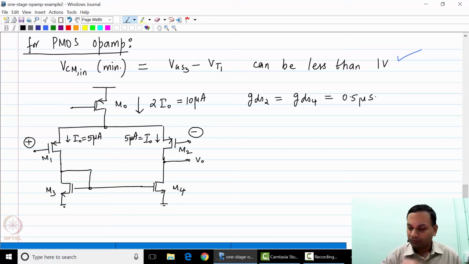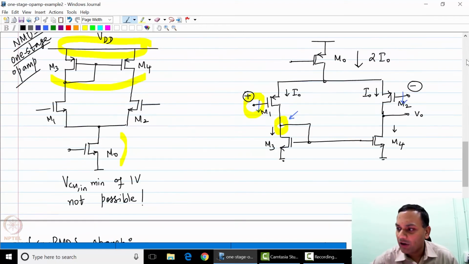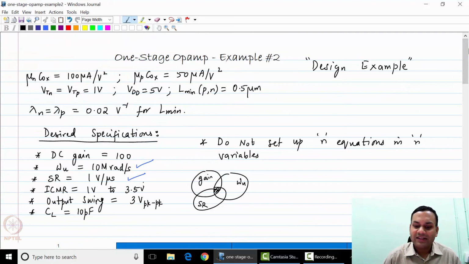Now we are given that lambda for L-min of 0.5 micron is 0.02 volt inverse.